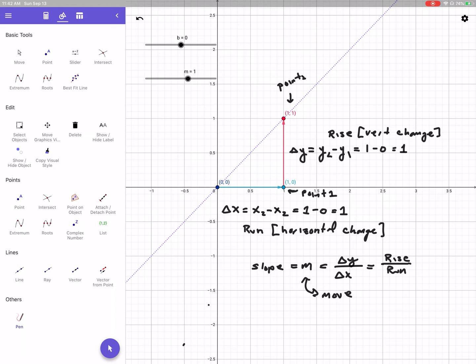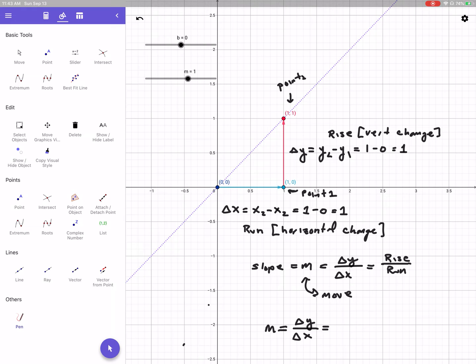But if we put it all together now, I could put it into a little statement and say slope is the change or the difference in the verticals divided by the change or the difference in the x's.